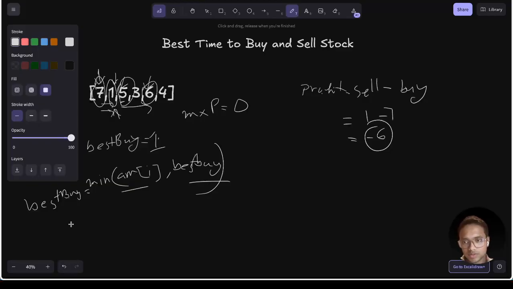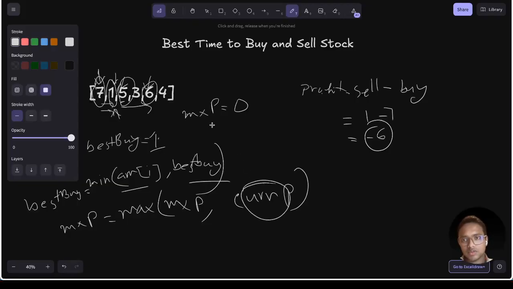So our max profit will be the maximum of max profit and our current profit, and our current profit will be array[i] minus our best buy. So let's implement our theory in the code.